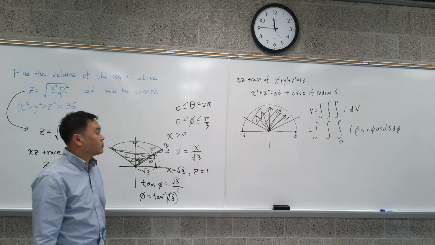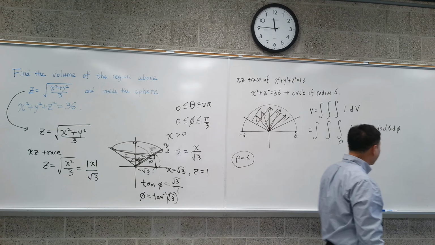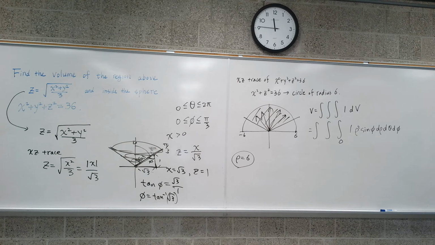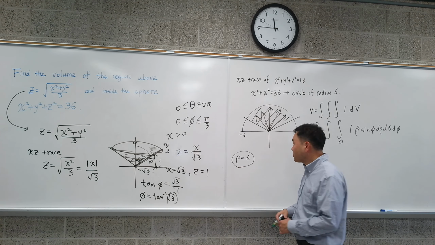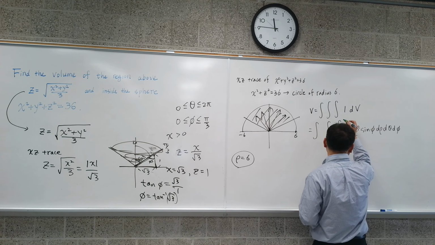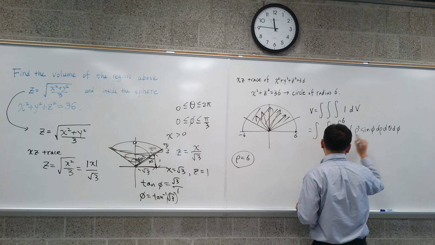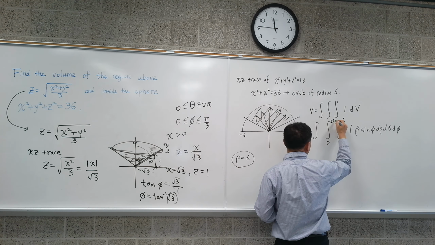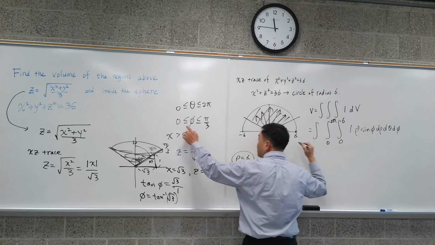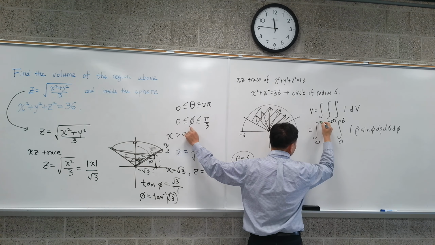A spherical coordinate system just gives you the sphere of radius 6. If you have any kind of integral that has spheres in it, then it makes sense to use the spherical coordinate system. So rho goes from 0 to 6, theta goes from 0 to 2 pi, and phi goes from 0 through pi over 3.